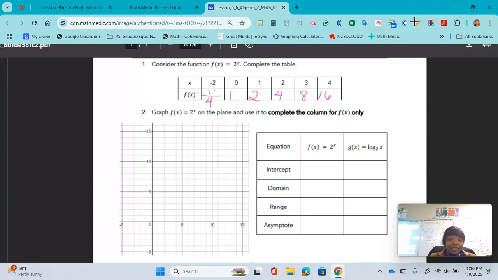So when our x is negative 2, our y is 1/4. When our x is 0, our y is 1. When our x is 1, our y is 2. When our x is 2, our y is 4.